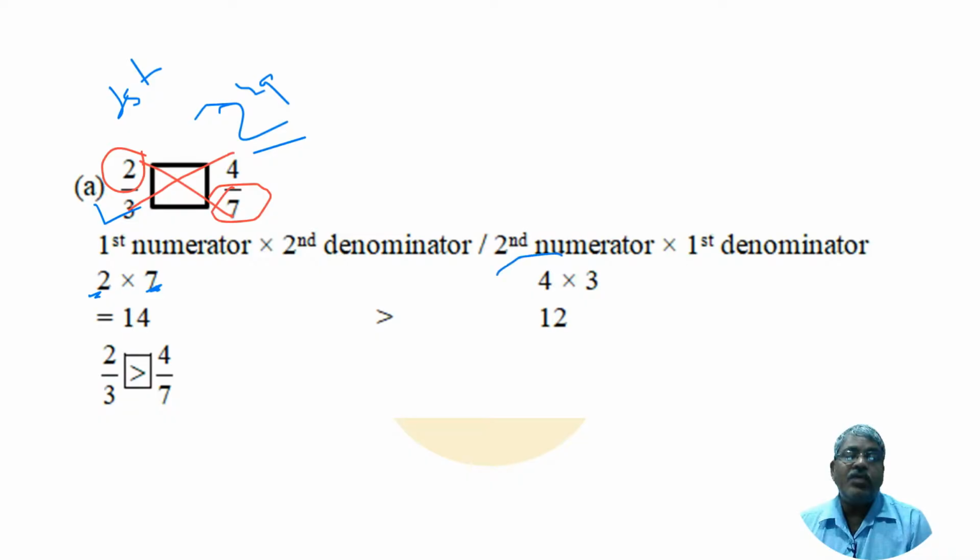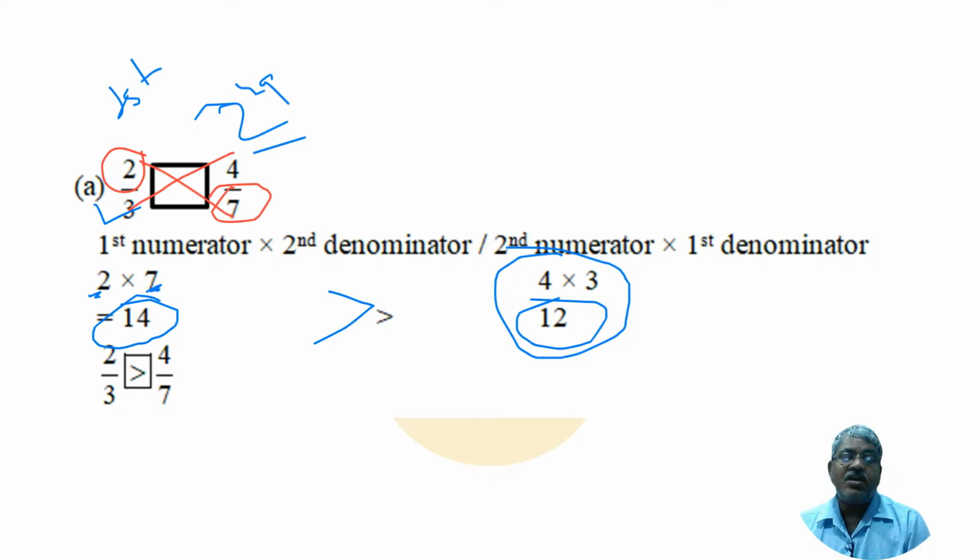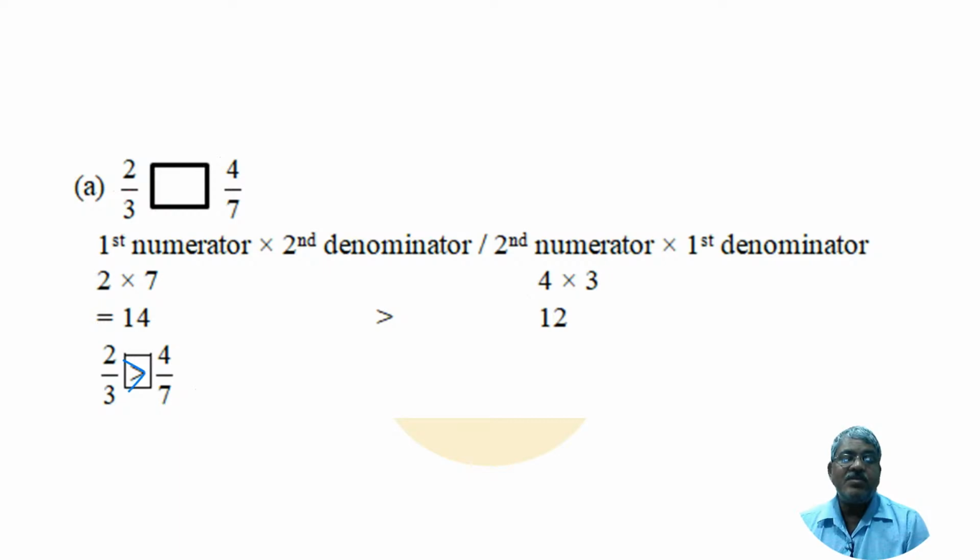When you compare 14 and 12, you see 14 is greater. So the first rational number is greater. So in 2 by 3 and 4 by 7, 2 by 3 is greater and 4 by 7 is smaller. Although it looks bigger, it is smaller. So try to understand it.